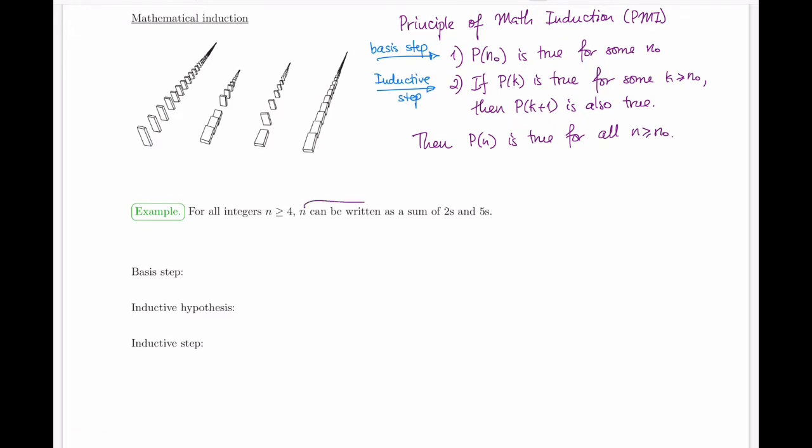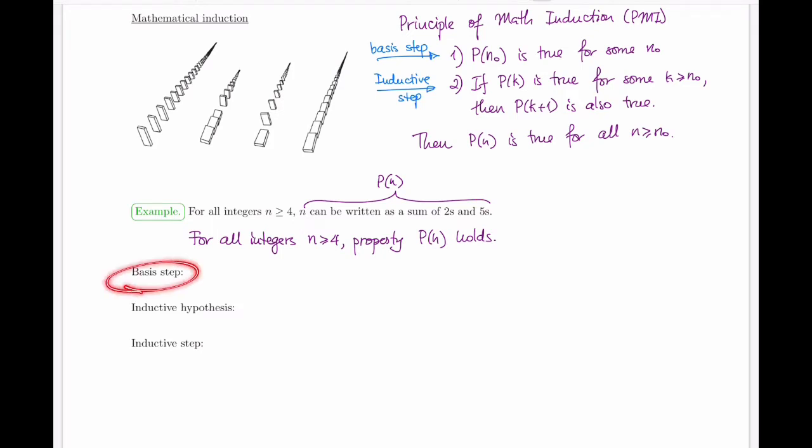And of course, you can notice that the part of the statement that is not quantified, so this is for all integers, that's a quantifier, but the part of the statement, the predicate, is actually here: the fact that n can be written as a sum of 2s and 5s. That means that what I'm trying to actually prove is that for all integers n greater or equal than 4, I have that property P of n holds.